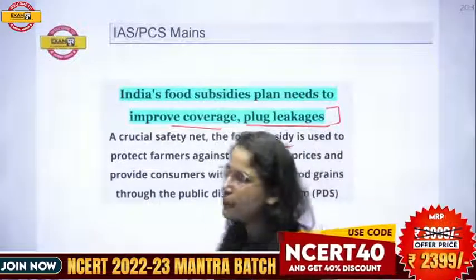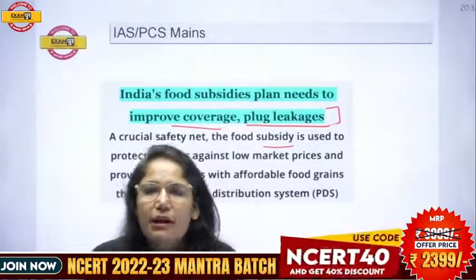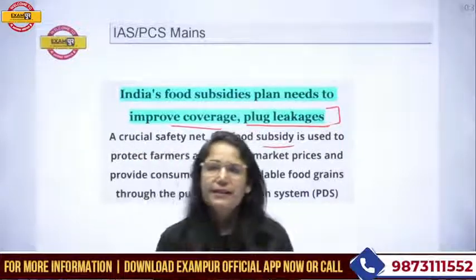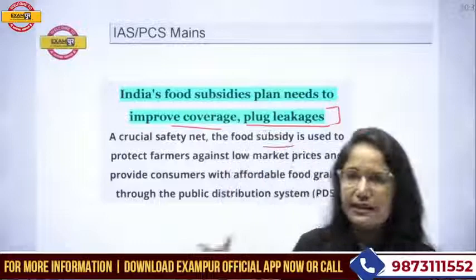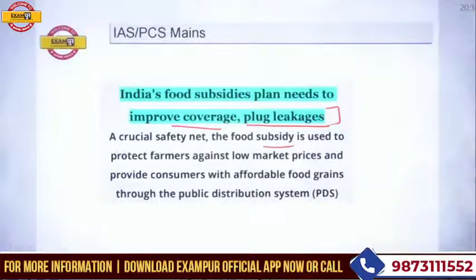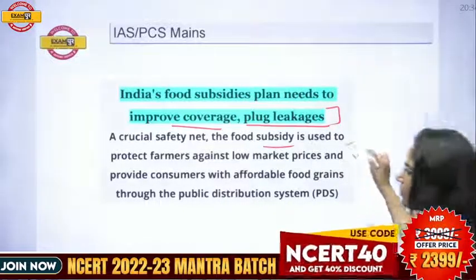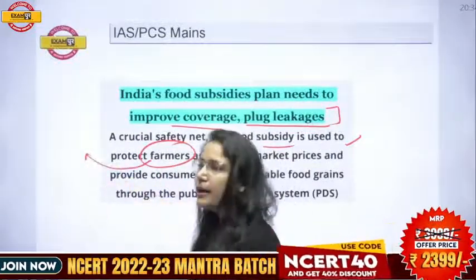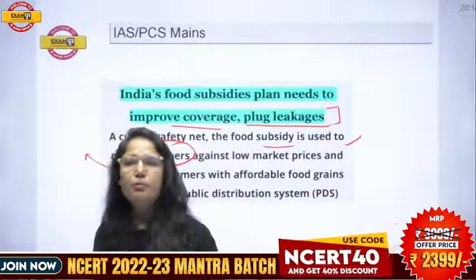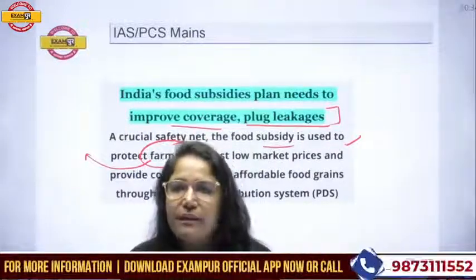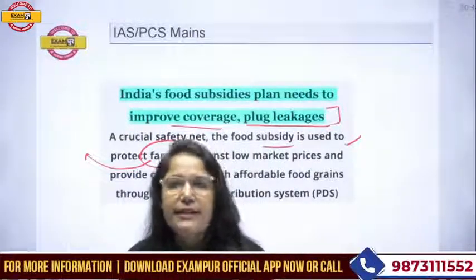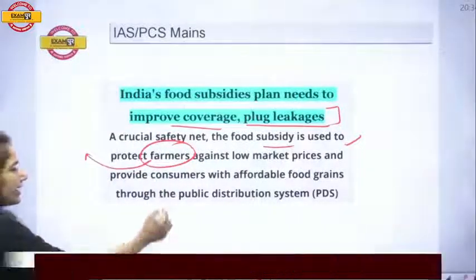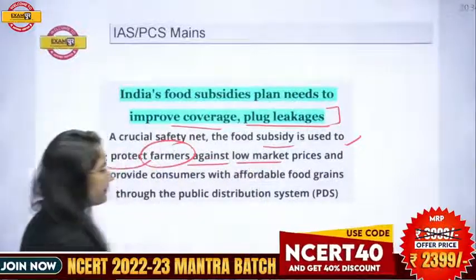We are providing people who require food with access at cheaper prices. We provide subsidies both from the supply side, if we talk about the protection of farmers, through MSP, trying to provide security by providing the farmers a fixed income, at least that would be available to them. Minimum support price against low market price.